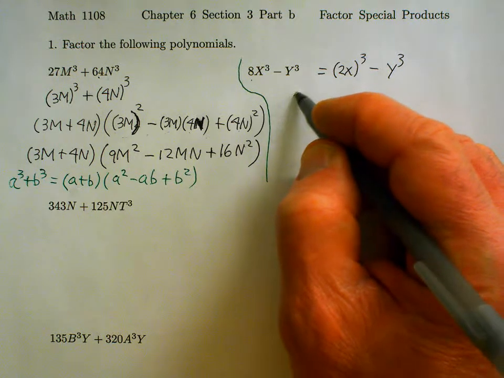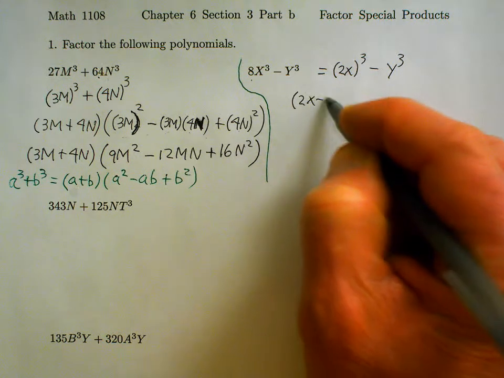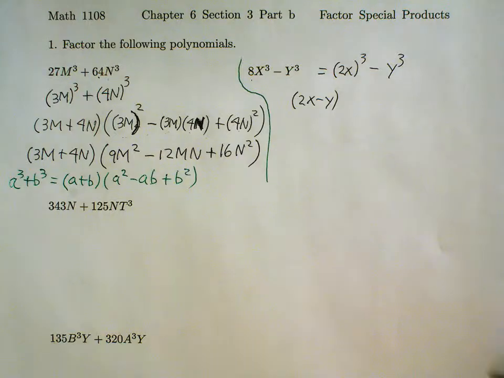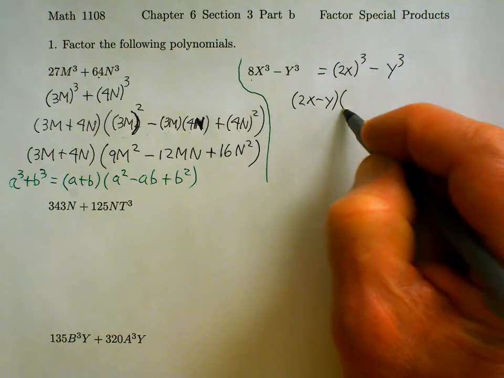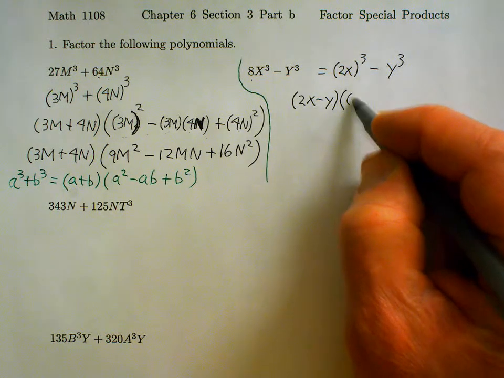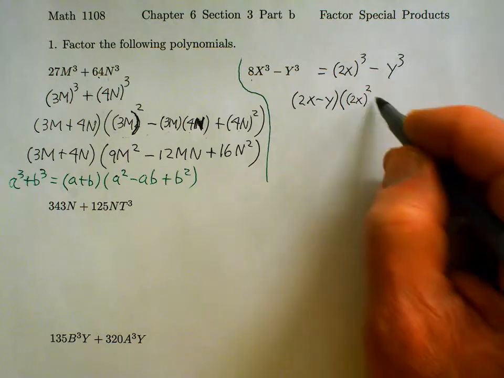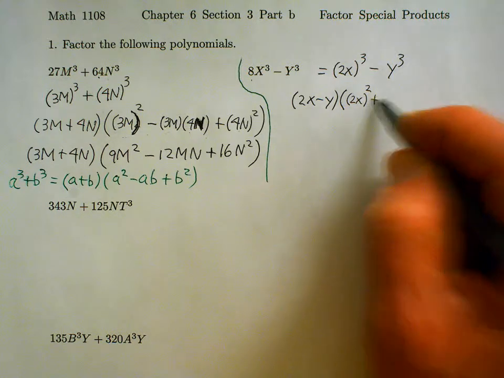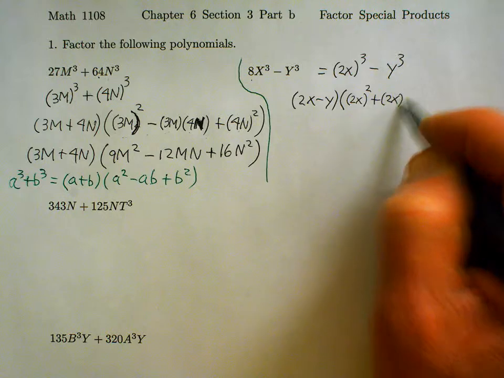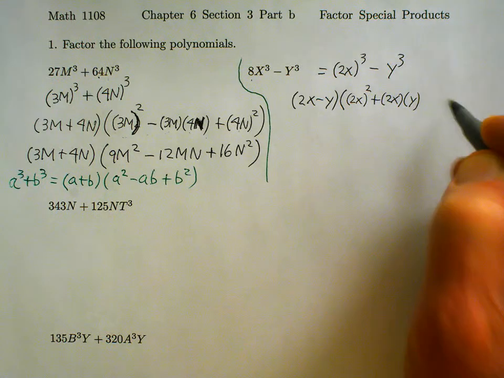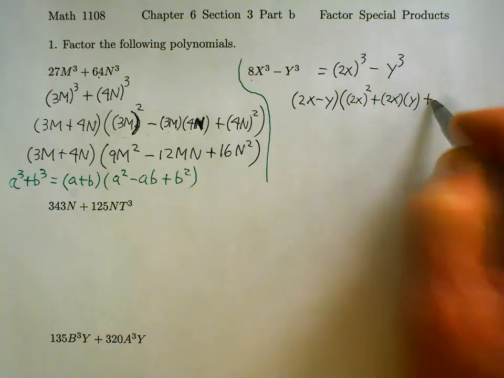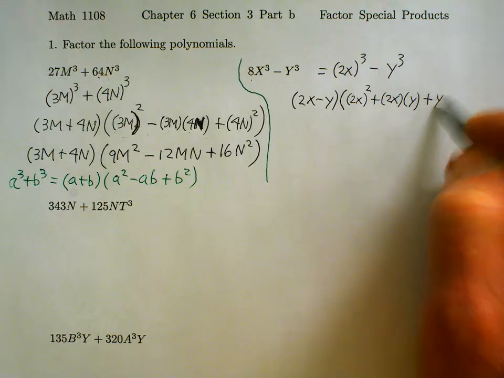So the binomial is 2x minus y. And then the trinomial, the term 2x is raised to the second power. And then we're adding 2x times y. And then we're adding y to the second.